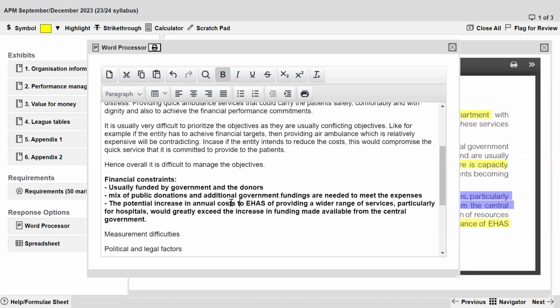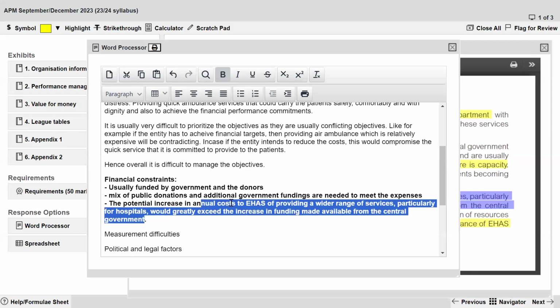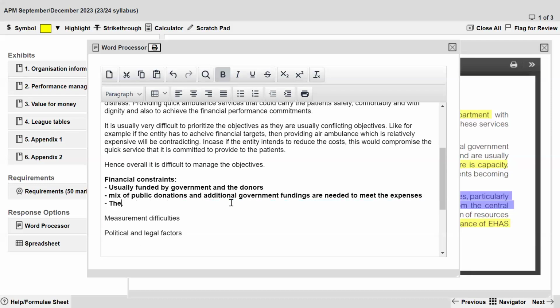The potential increase in annual cost to EHAS of providing a wider range of services, particularly for hospitals, would greatly exceed the funding made available from the central government. Increase in the annual cost. The fundings may or may not be allocated by the government.